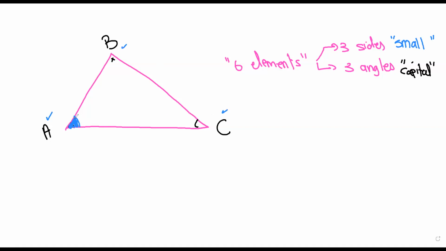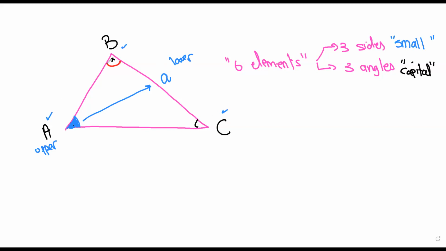Pay attention: if this is capital A, the side opposite to it is going to be small a. Every angle and the opposite side get the same letter, one as an uppercase and one as a lowercase.